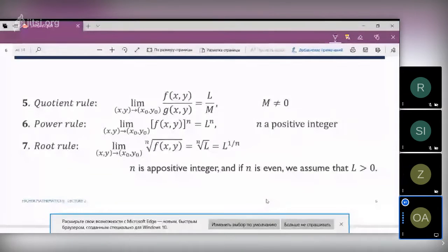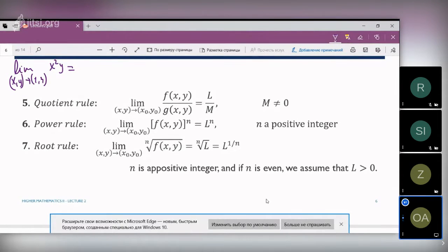We have some more rules. Quotient rule. Let's start with the example. The limit as (x, y) tends to (1, 3) of x squared y again.